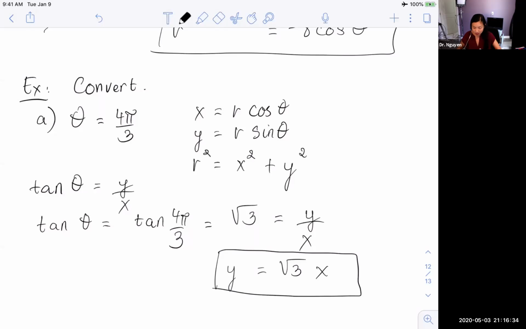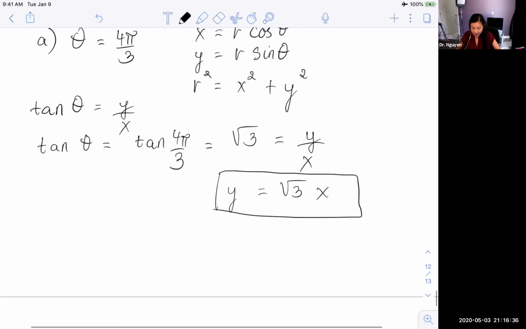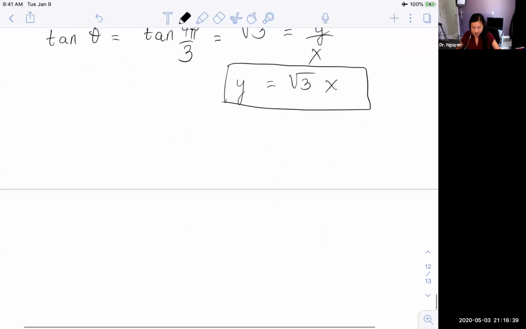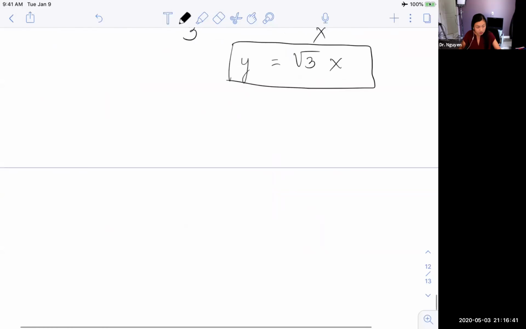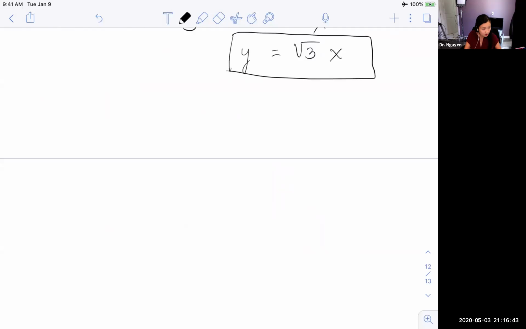All right. Let's try a different type. I want to convert r cosine of theta equals -2. So how do we do this problem? Don't forget the relationship between x and r cosine.